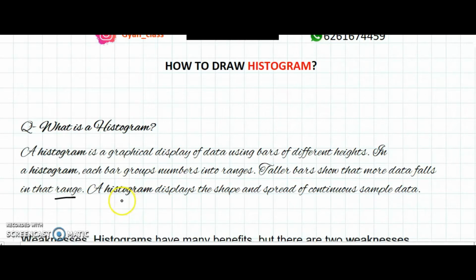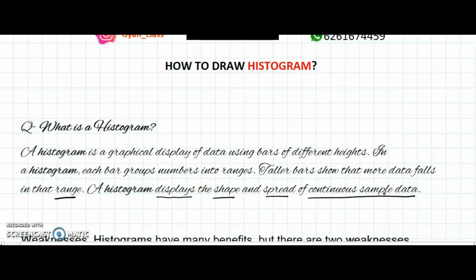A histogram displays the shape and spread of continuous sample data. So whenever the data is given in a continuous form, or a continuous interval, it comes under the category of histogram.